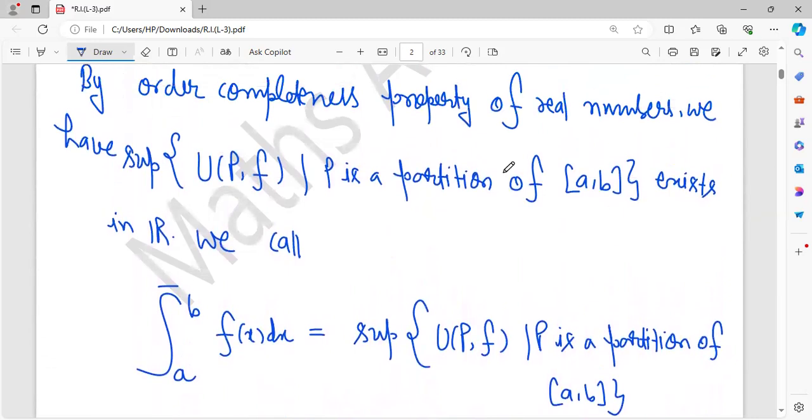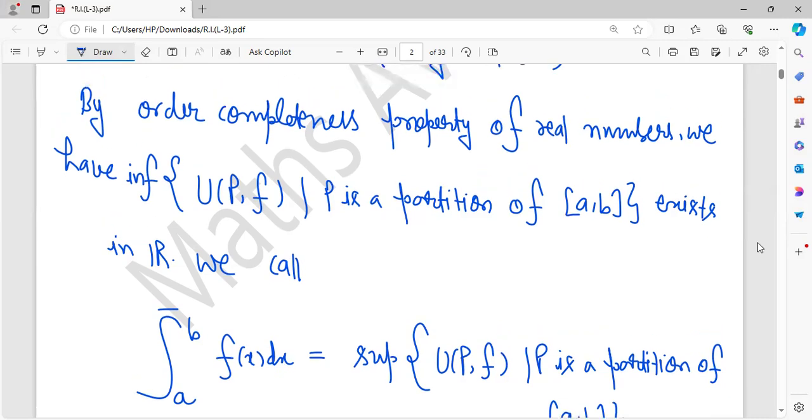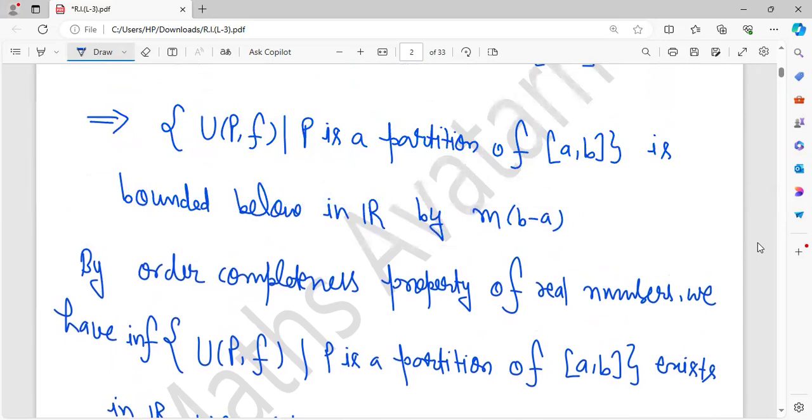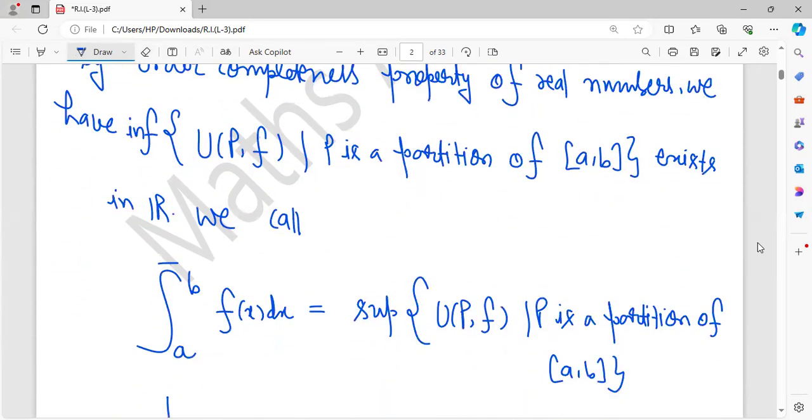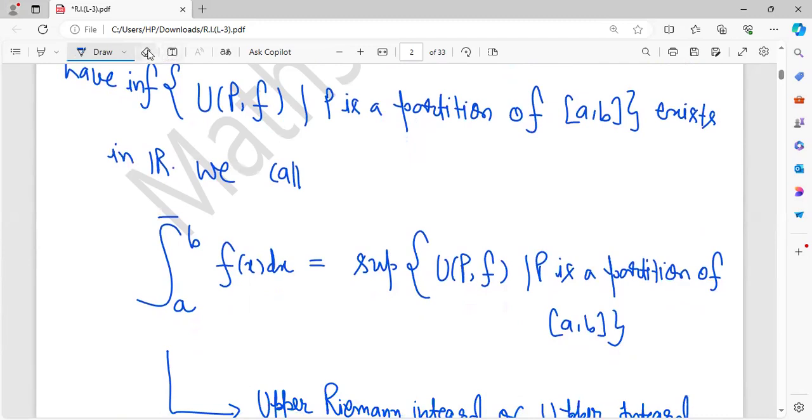Sorry, here I made a mistake actually. By the order completeness property of real numbers, a set that is bounded above always has a supremum. So the supremum will exist.